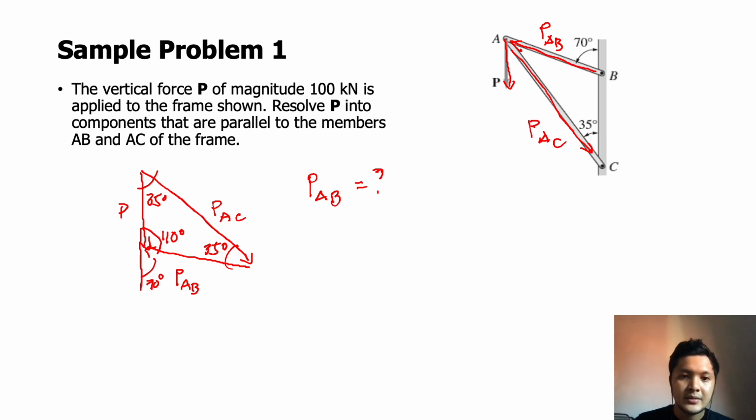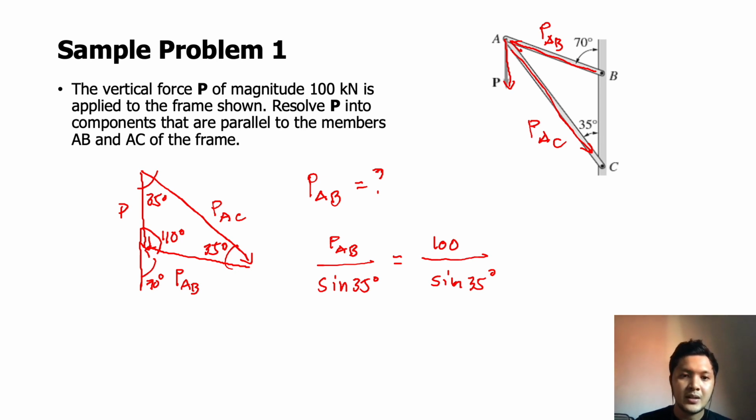So that is PAB, and the angle opposite PAB is 35 degrees. So PAB over sine of 35 degrees is equal to, again, this value, which is 100 divided by the sine of the angle opposite that side, which is sine 35 degrees.